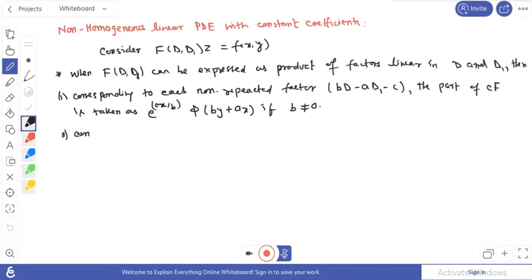Second, corresponding to repeated factors. This was for non-repeated, this is for repeated.